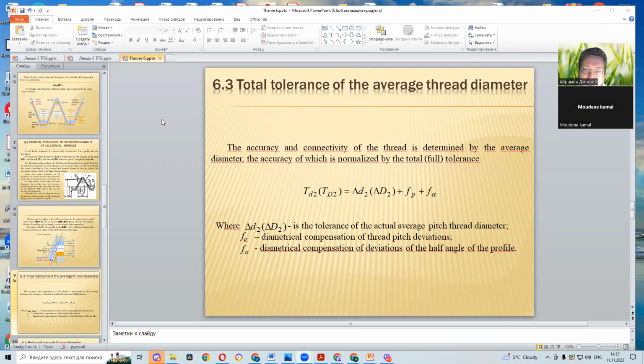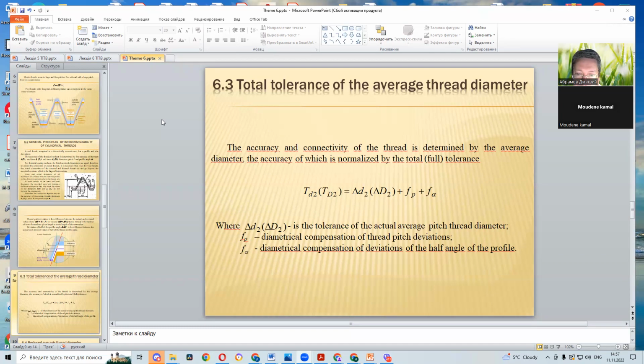Total tolerance of the average thread diameter. The accuracy and connectivity of the thread is determined by the average or pitch diameter, the accuracy of which is normalized by the total or full tolerance.